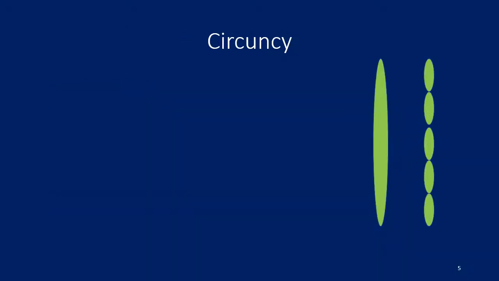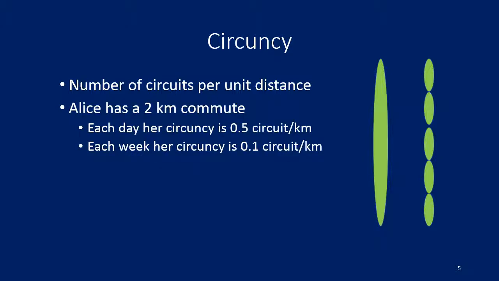Let's look at this new concept of circency. It's the number of circuits per unit distance. So say Alice has a 2-kilometer commute. Then each day her circency is half of a circuit per kilometer. Or if we look at her weekly commute as 1 circuit, then her weekly circency is 1/10 of a circuit per kilometer.